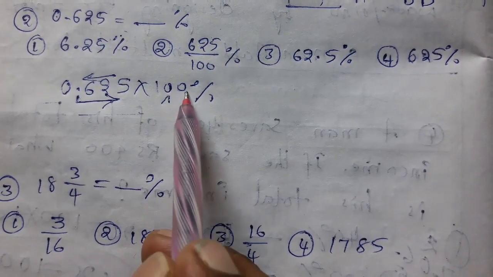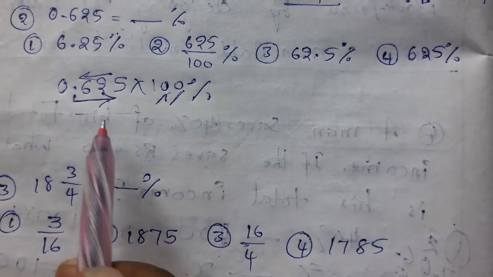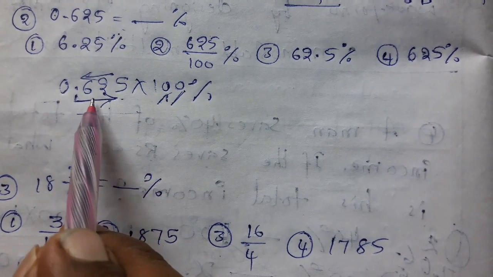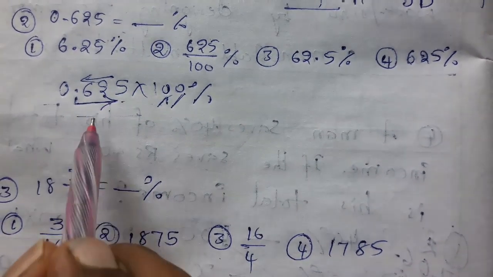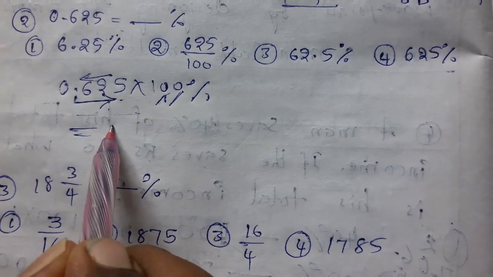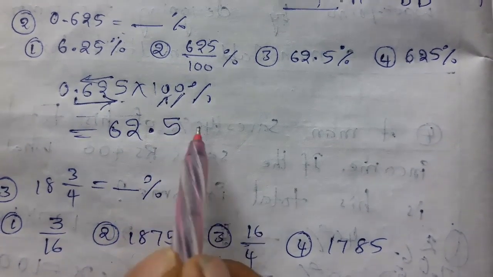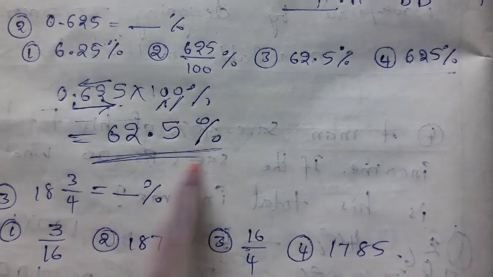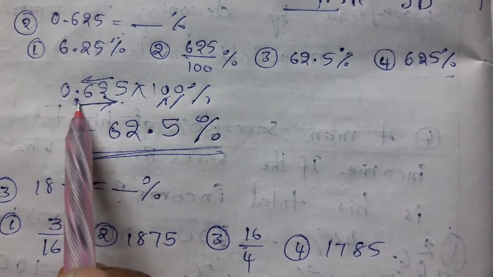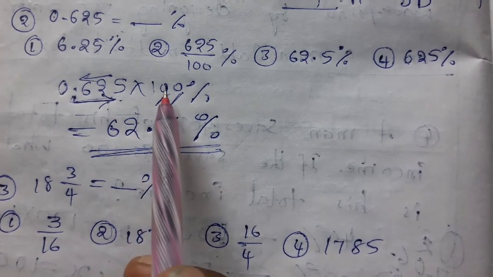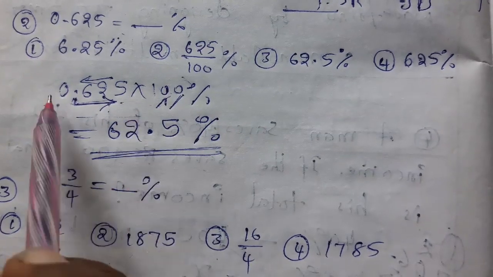So how many zeros are there? 2 zeros. So the decimal point moves in the forward direction 2 digits. That means this gives 62.5%, the right answer of the given question. The decimal point moves in the forward direction 2 digits because there are 2 zeros, multiplying these two.